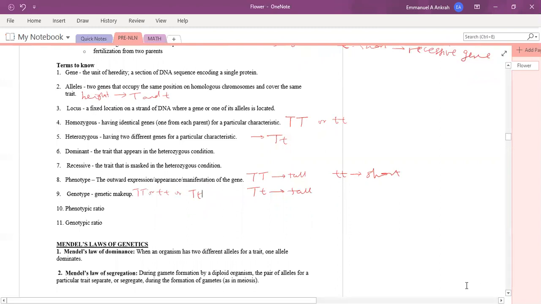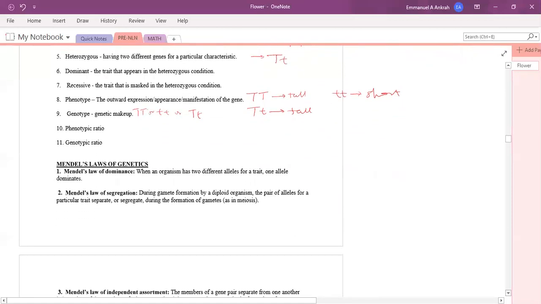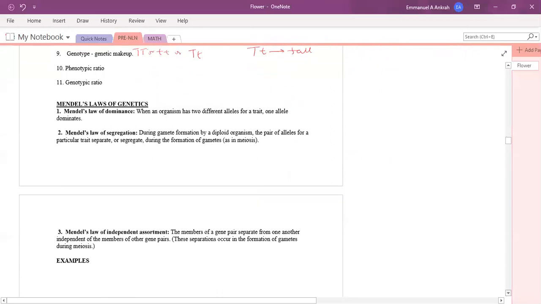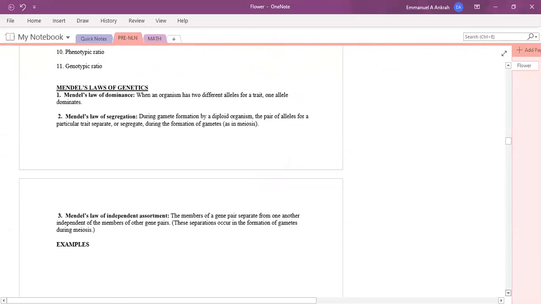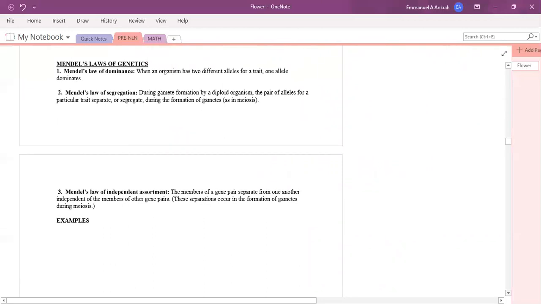So let's see how we can apply these concepts. That takes us to what we call Mendelian inheritance, or Mendel's laws of genetics. Mendel was a priest, and he was also a scientist.